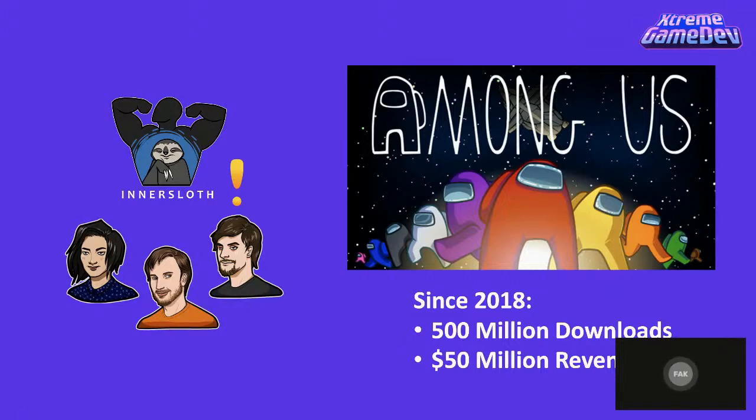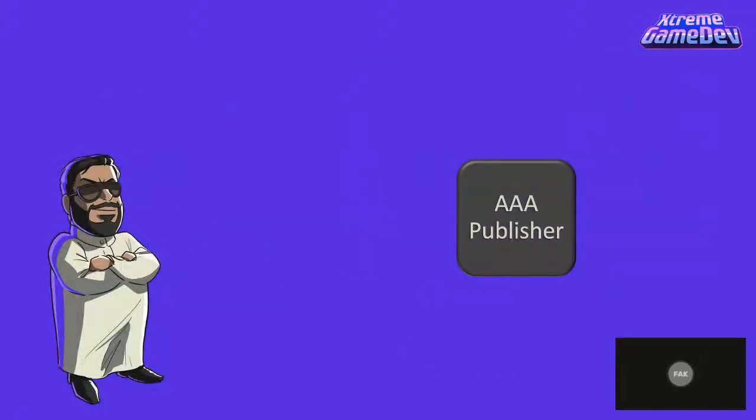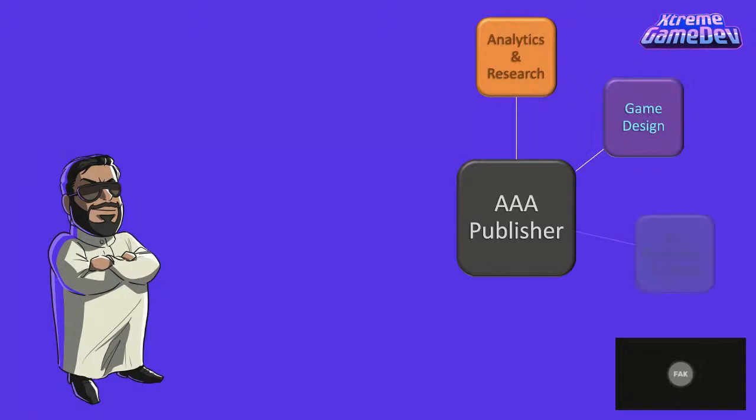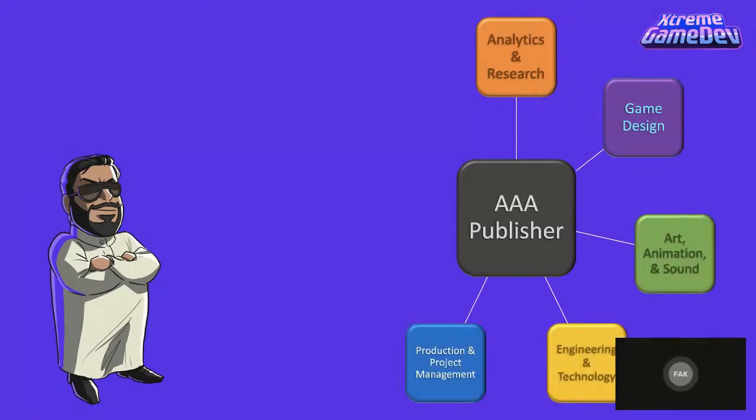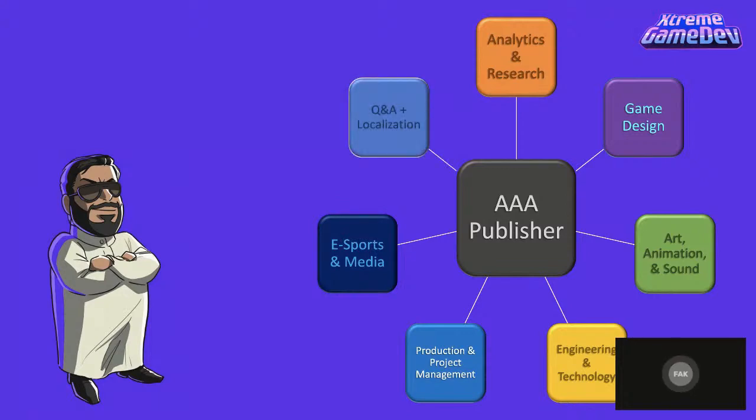So moving forward to a AAA studio, or a much bigger studio. Usually they're not called a studio, they're called a publisher, which has studios under them. So they're much bigger. In a AAA publisher, you would have teams, and these teams will have developers in them.